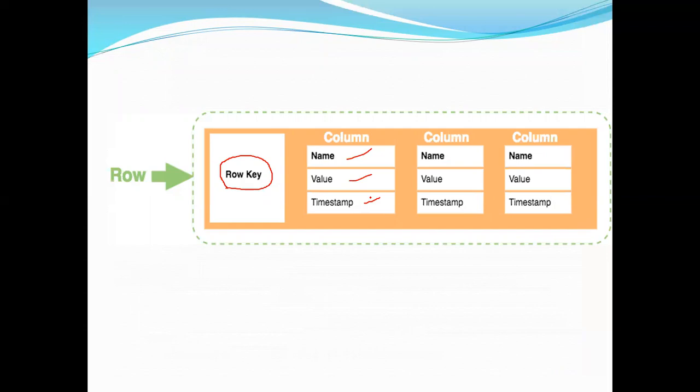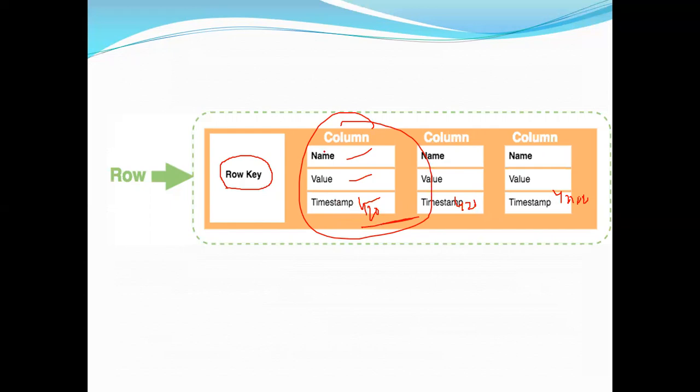Now the time is 4:20. Consider at 4:20, I'm inserting this column. At 4:21 second, I'm inserting this column. At 4:21 second, 22 milliseconds, I'm inserting this column. That means the time at which you are inserting this particular column into the database is given as the timestamp.